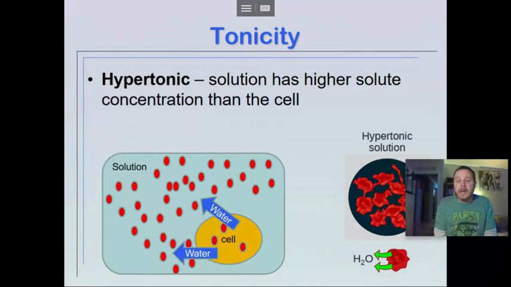So what's going to happen is the water inside the cell is going to want to get out of the cell into the higher concentration solute outside. So osmosis will occur going out of the cell in a hypertonic. Hyper referring to higher than the cell. The concentration of the solutes is higher in the hypertonic solution than it is inside the cell. The cell will lose water. Okay.